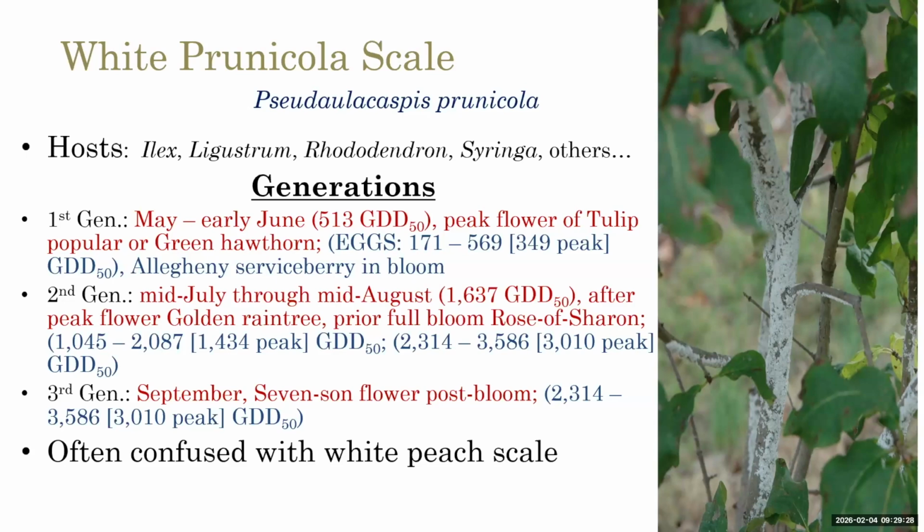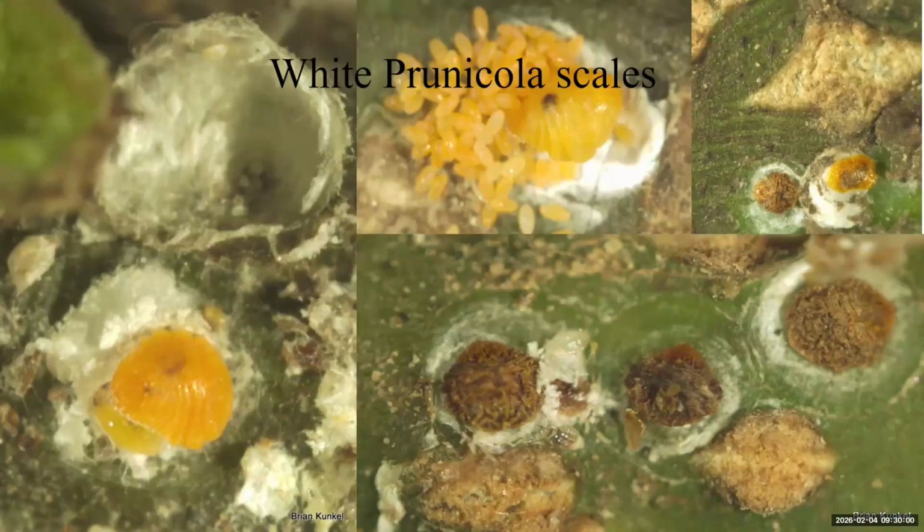Anything that's targeting that egg to crawler activity time frame is going to give you better control. The insect growth regulators, Talus and Distance, will have longer residual than insecticidal soap or horticultural oil. The growth regulators will have a few weeks of activity, whereas the oil and soap is only like a day and a half. They're all more friendly in terms of the impacts they have upon the environment.